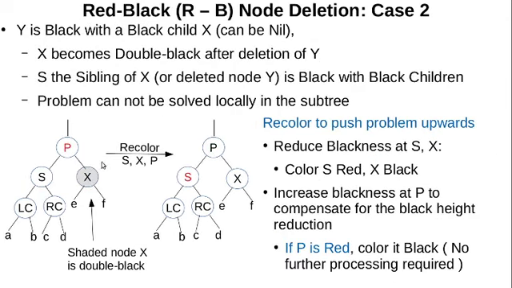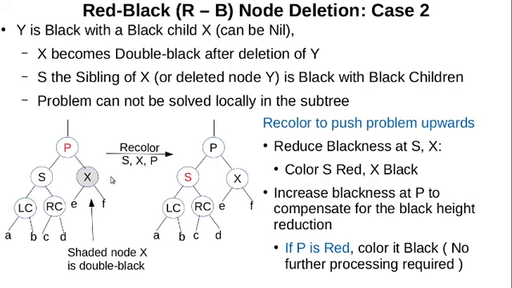Consider the tree on the left, where the parent node P is red. When we reduce the blackness at S and X, node S turns red and node X turns black from double black. This reduces the black height of their ancestors.